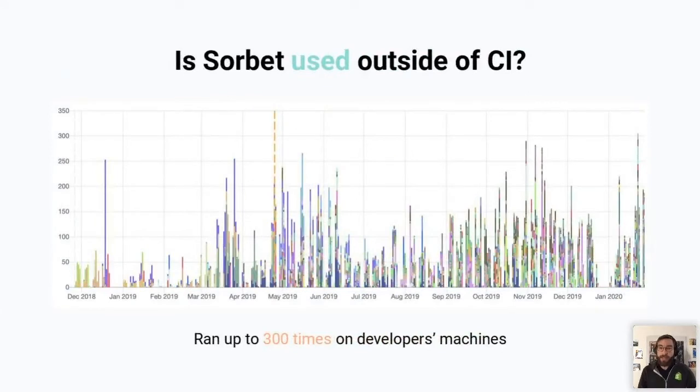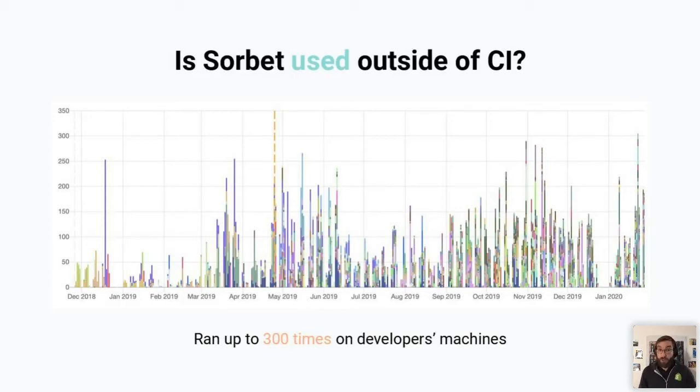Having it at CI means every person that wants to push to production to our main branch has to use Sorbet. But we also wanted to see if people use Sorbet outside of CI by themselves when they are not forced to run it. So we gather the number of times people run srb tc, or srb type check, the Sorbet command to run the type checking on their own developer machine.